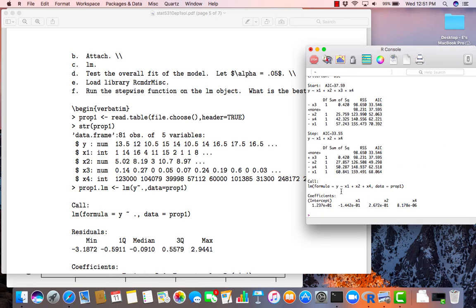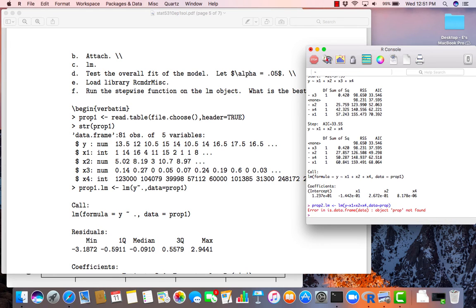And our best model just takes out the x3. So prop2.lm is lm of y tilde x1 plus x2 plus x4, data equals prop1, my fault.